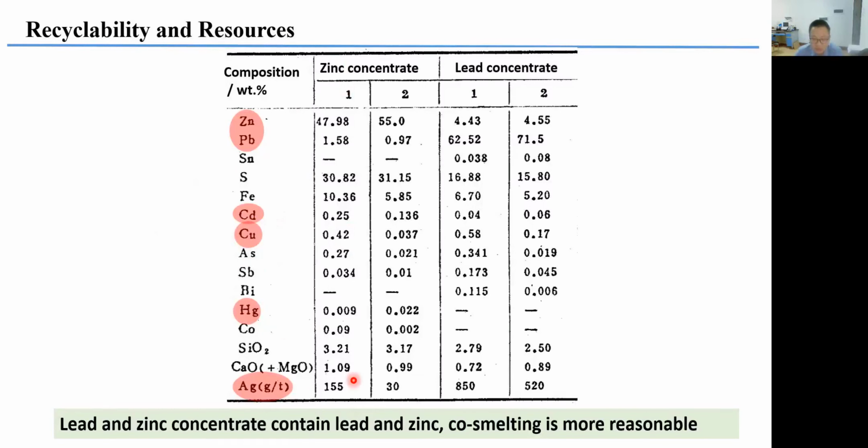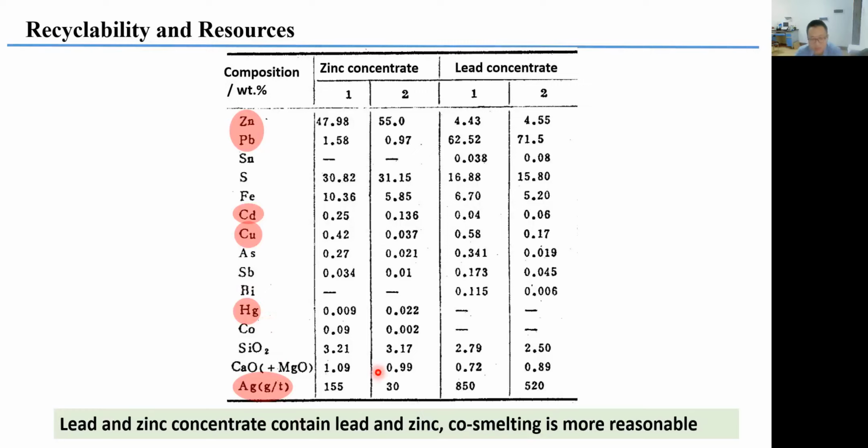And tomorrow we are going to study lead smelting process. We can find out that in lead concentrate, the silver content is even higher than that in zinc process. So we can make a conclusion that zinc has a smaller assignment for separation, and the concentrate contains lead, cadmium, copper, toxic elements, and precious elements.